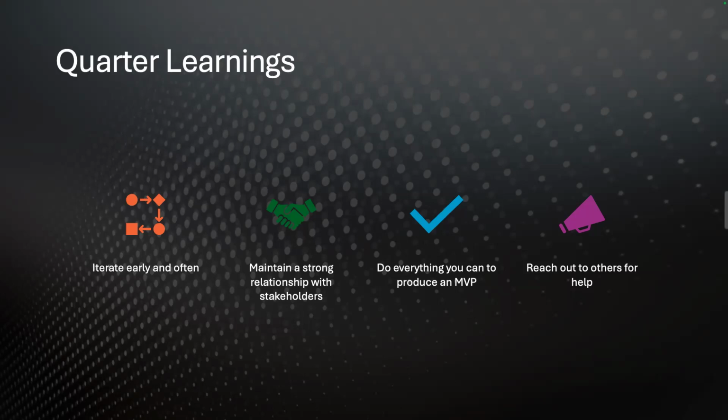I think iterating early and often can at least help guide the direction of the app going forward, where you're not wasting too much time trying to think of the most optimal way of creating this application.